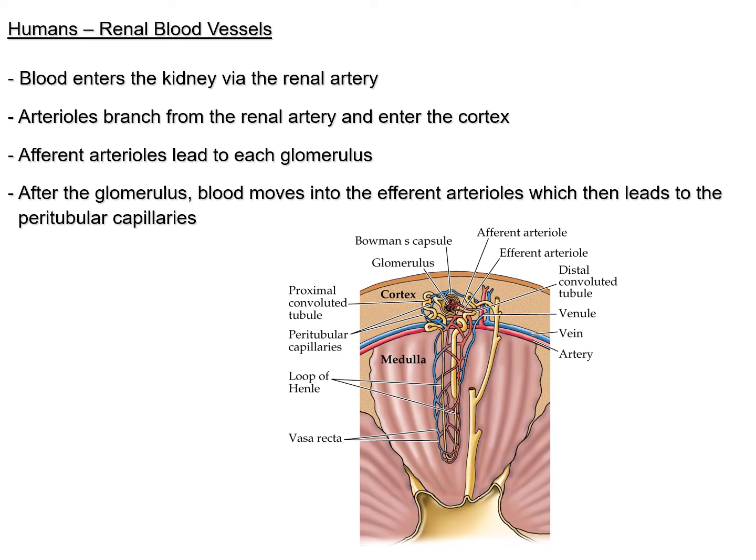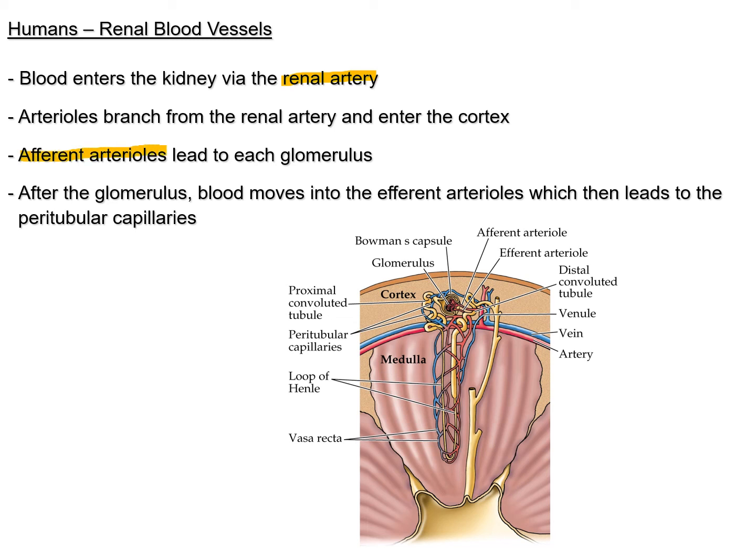Now, as I said before, in terms of blood vessels, it's a renal artery feeding into each kidney, and then it goes into smaller arteries and then arterioles, and they branch and go into the cortex, and the arteriole leading to each glomerulus is called an afferent arteriole.